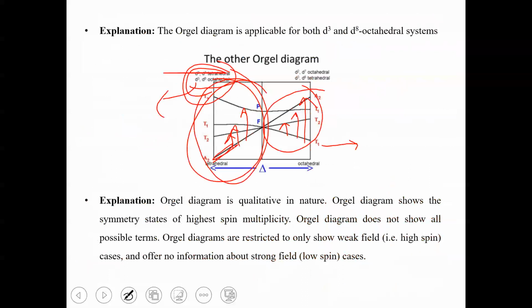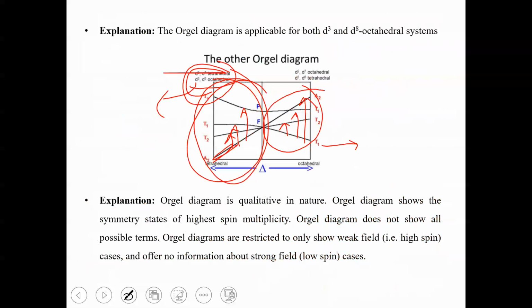You can see this T1, T2. So T1 and T2 are not intersecting this T1.